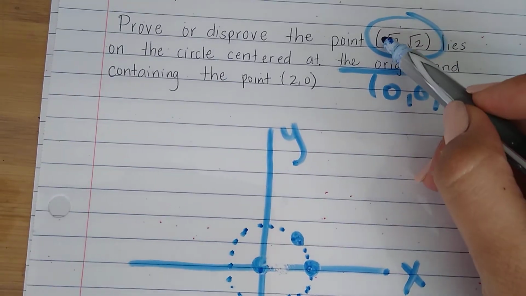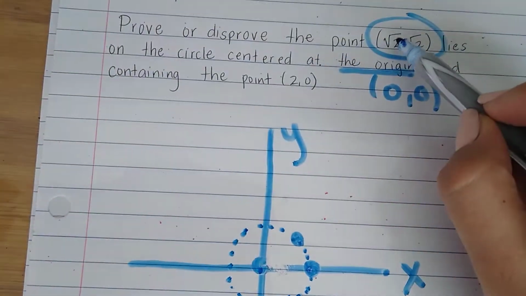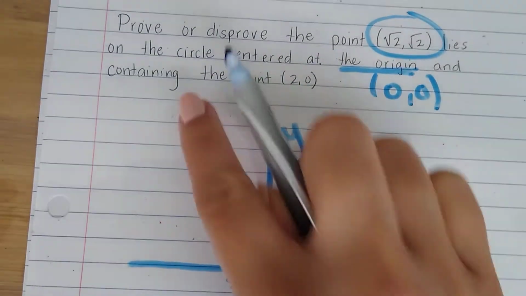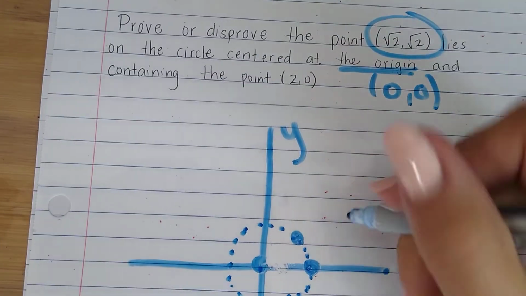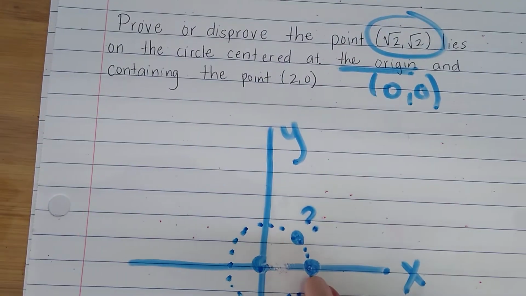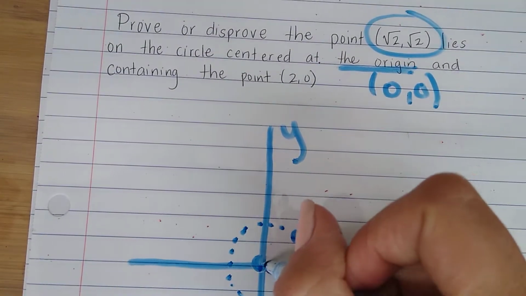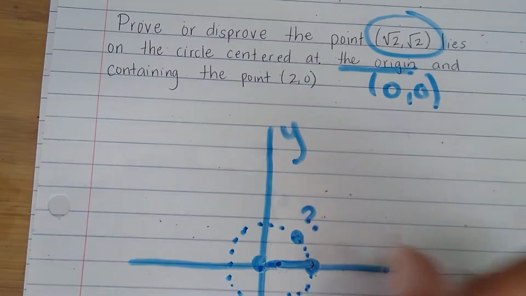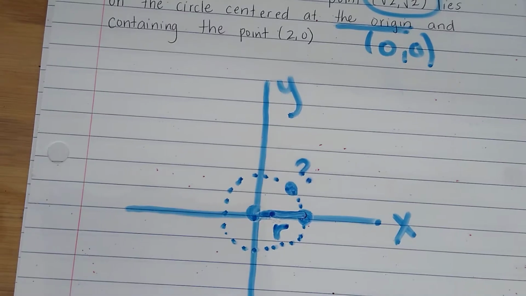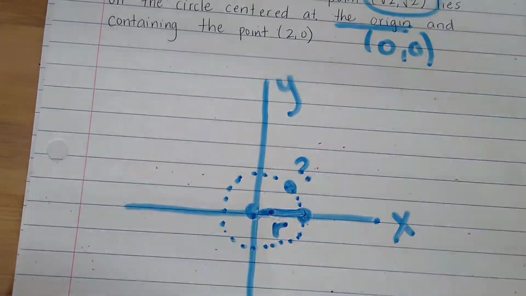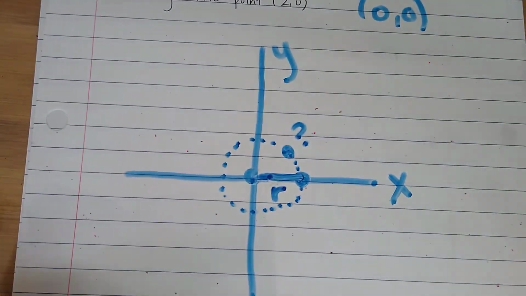We're trying to prove or disprove if this point is even on the circle, but we know for sure that this point here is definitely on the circle. So I'm going to go ahead and find the distance here, and that's going to be my radius.